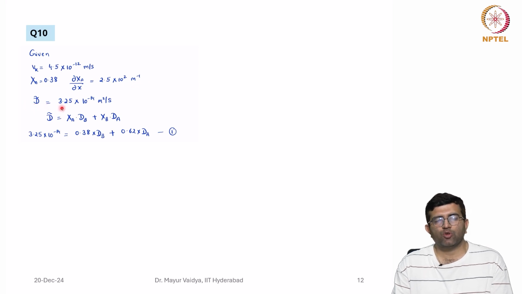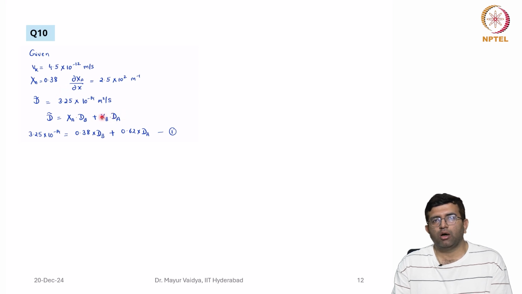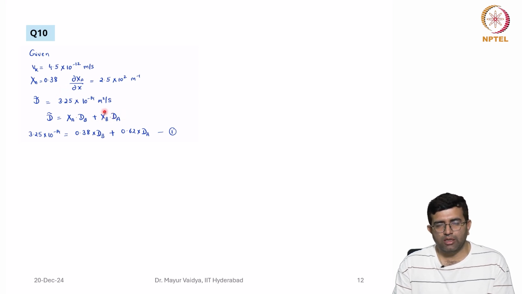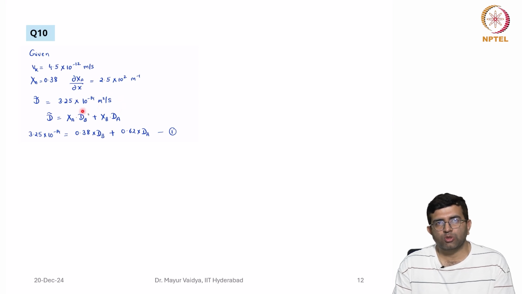The interdiffusion coefficient is given as 3.25 into 10 power minus 14 meter square per second. Please remember, in this case all the units are okay, but pay careful attention in assignments or in the exam to the units. All the units should be consistent, otherwise your answers may come out wrong.